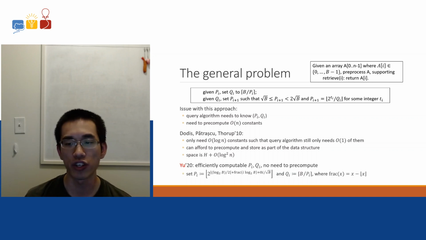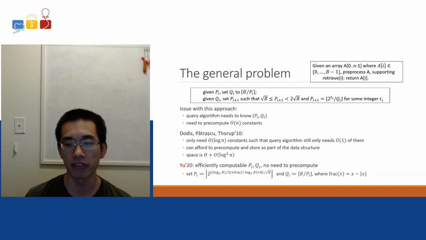One observation in a very recent paper by myself implies that there's a different way to get these p_i's and q_i's such that they become efficiently computable, and there's no need to pre-compute anything. It is based on a very different intuition, which pre-estimates how much each range is squeezed out from each a_i, and then computes the corresponding p_i according to that.